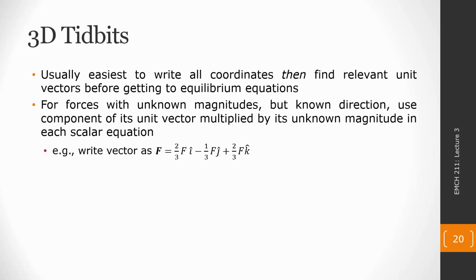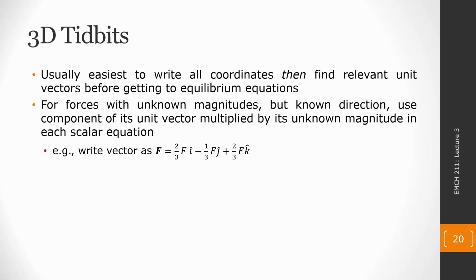The x component of vector force F is going to be 2/3 F, magnitude scalar F. So that 2/3 F is going to go into the x equation, along with other x components of forces. When we get to the y equation, well, again, we just want to pick out the coefficient in front of j. In this example, negative 1/3 F. And then in the z equation, the k component is positive 2/3 F.